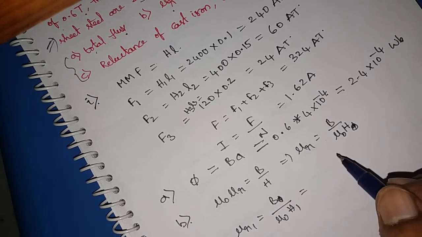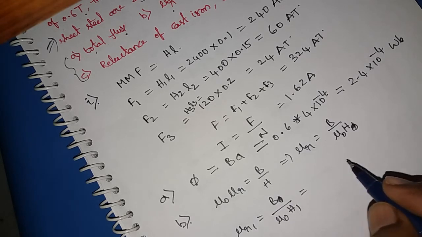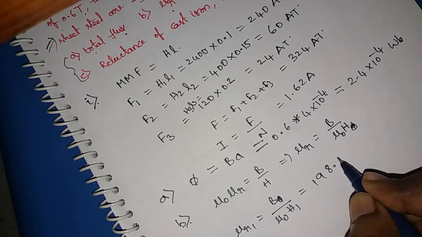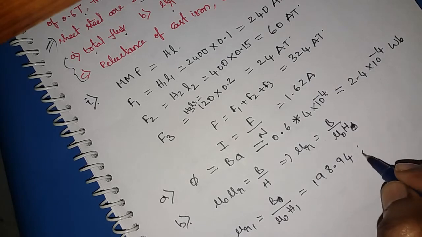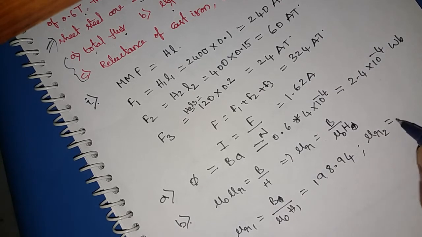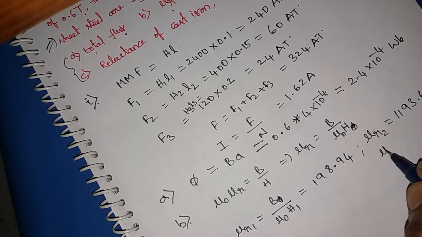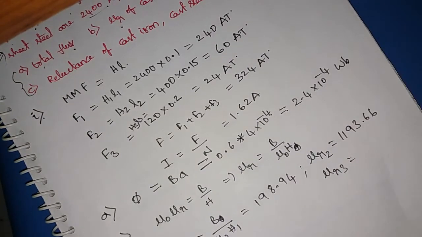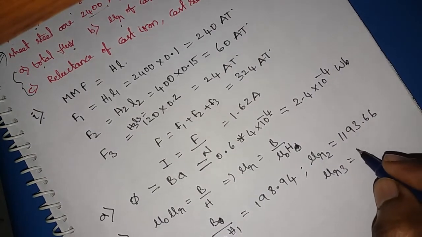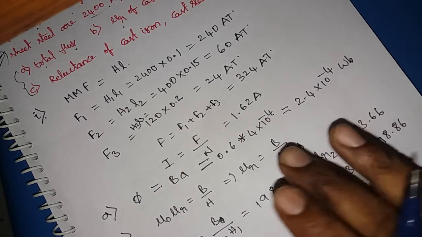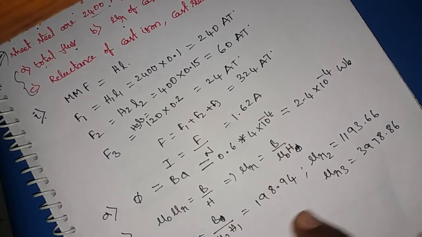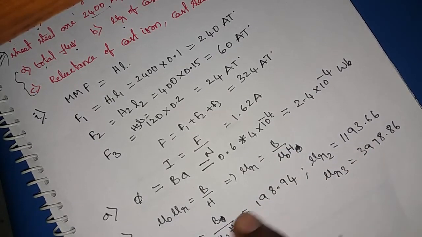If we calculate this value, it is around 198.94. Similarly, you can use the same formula for the remaining also. Mu r2 is 1193.66, and similarly mu r3 is 3978.86. You should remember that the B value is the same for all.